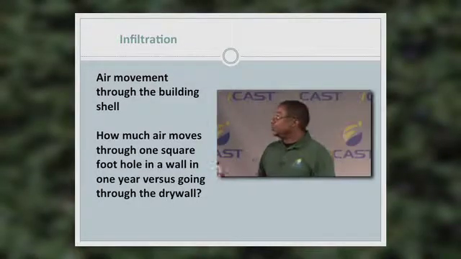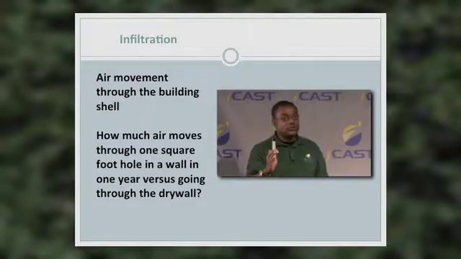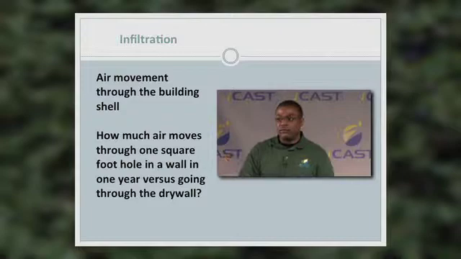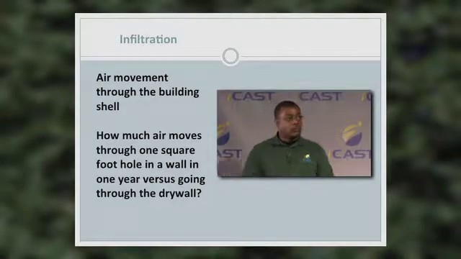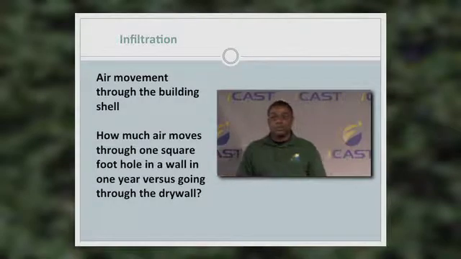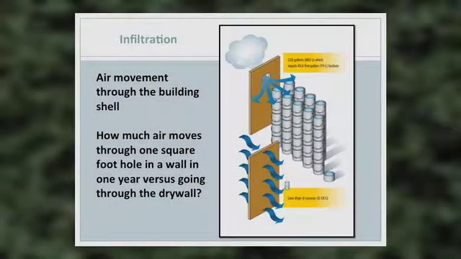Let's talk about the significance of the difference between infiltration and diffusion. By diffusion, if we allow moisture to diffuse through a 1 foot by 1 foot square of drywall over a 12-month period, we will have half a glass of water, 6 ounces. So 6 ounces of water, not really that big of a deal over the course of a year. Now, let's take that same 1 foot square and cut it out.